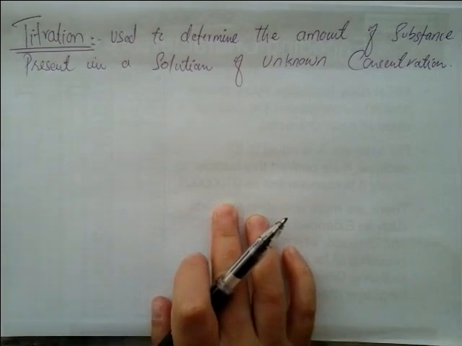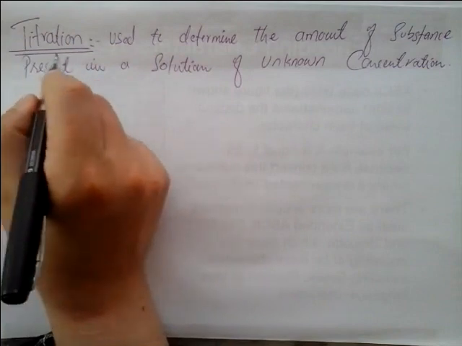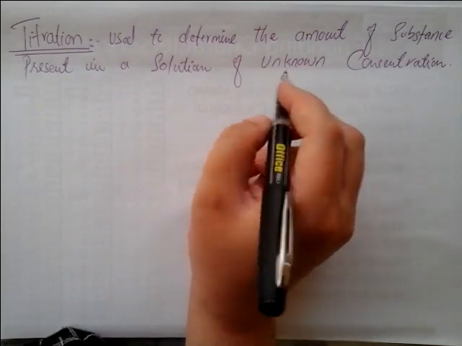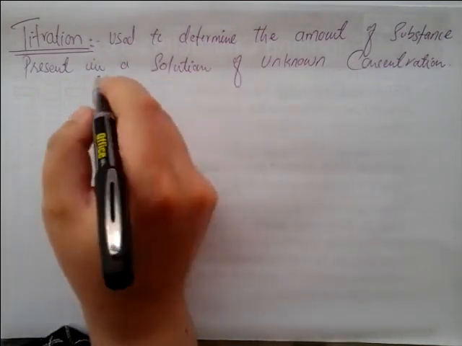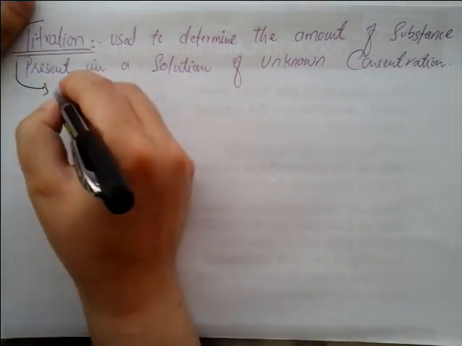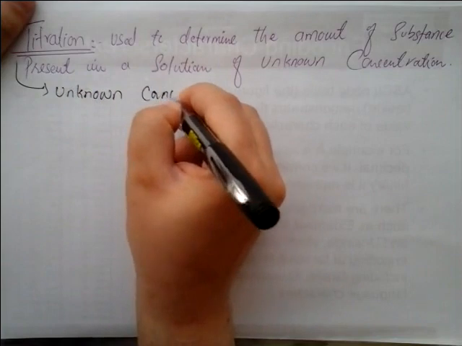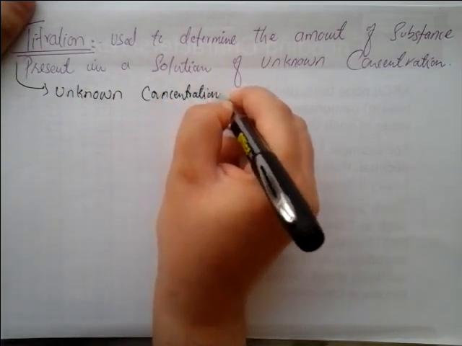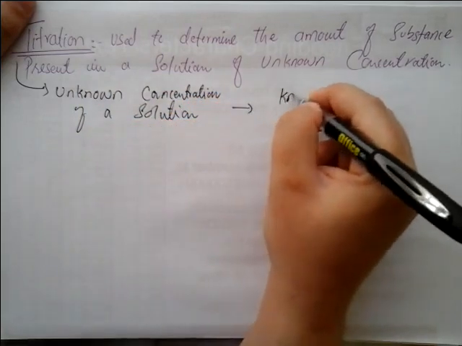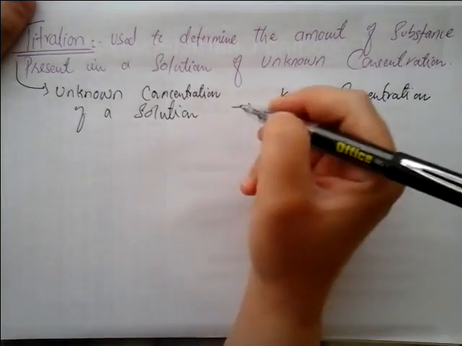The next important concept in calculating the moles of a solution, the next concept that comes to our mind, is titration. What is titration? Titration is used to determine the amount of substance present in a solution of unknown concentration. Whenever we want to find the unknown concentration of a solution through a known concentration, this is called titration.